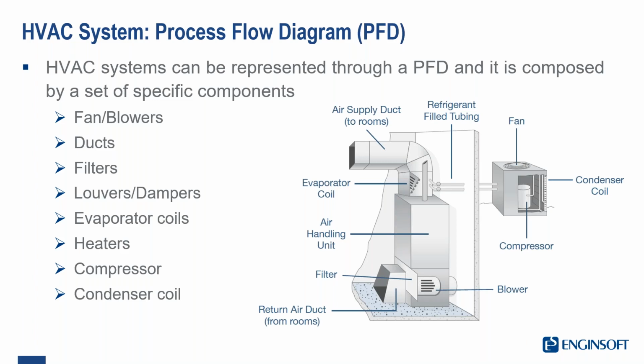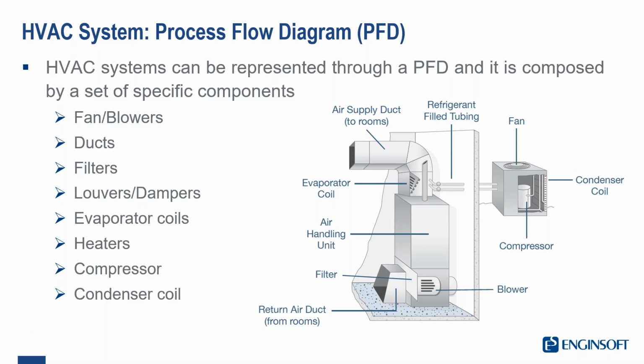Then there are also evaporator coils where condensation phenomena take place, and there are heaters, and there is also in the secondary line the compressor and the related condenser coil. So this is the main scheme and the related components that you find in an HVAC system.